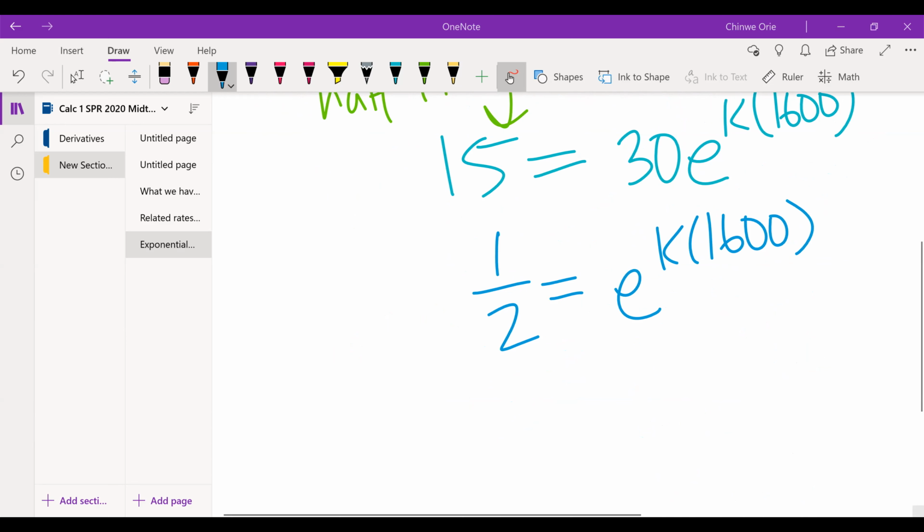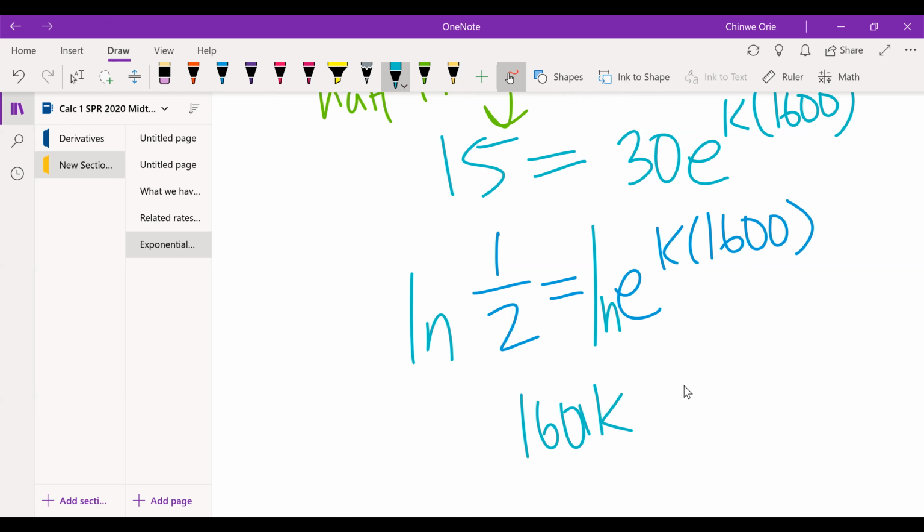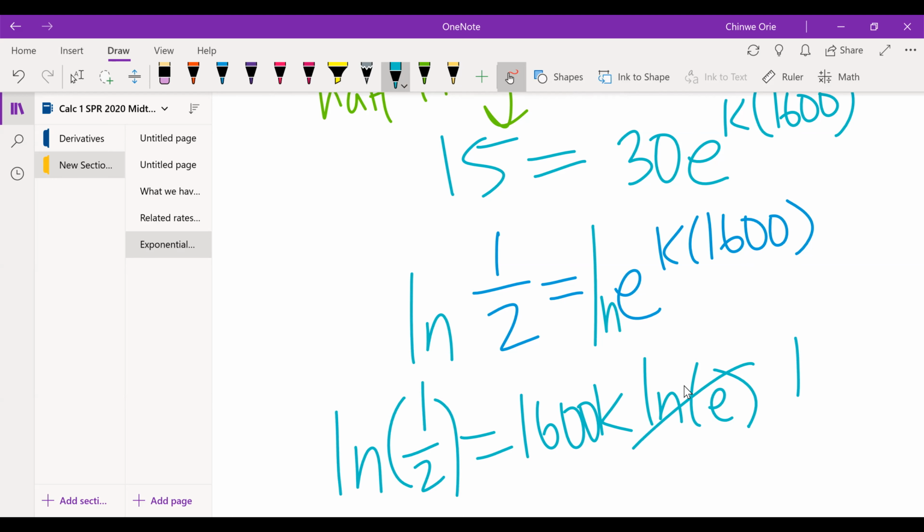Okay. So if you want to get rid of the exponent, you take the natural log. That brings the exponent to the front. Now you've got 1600K times ln of e, which is 1, and that equals ln of 1/2, which is a negative number.